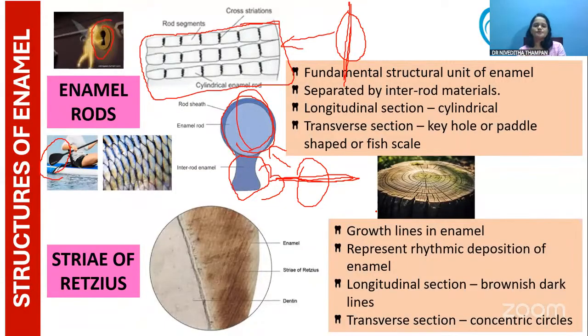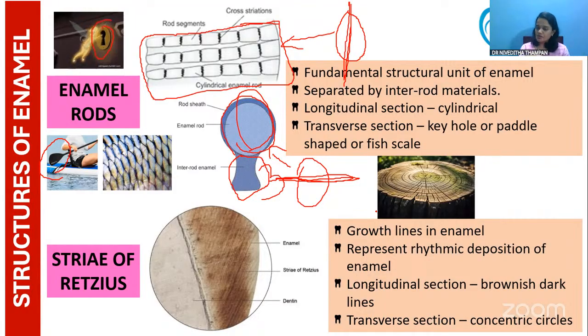Okay, now take any hard tissue deposition, whether it be bone, cementum, dentine, or enamel. This deposition will not happen at a stretch. Okay, so these cells will deposit the enamel for some time and then they will take rest.